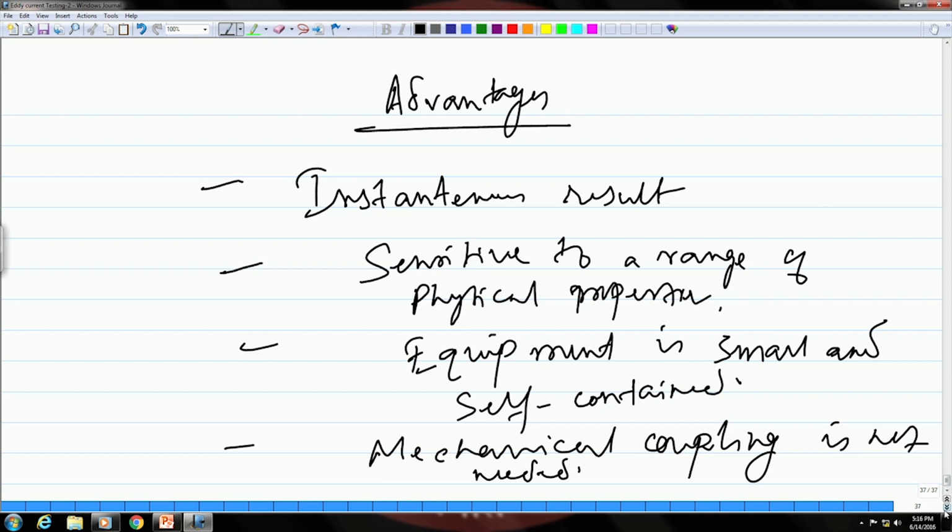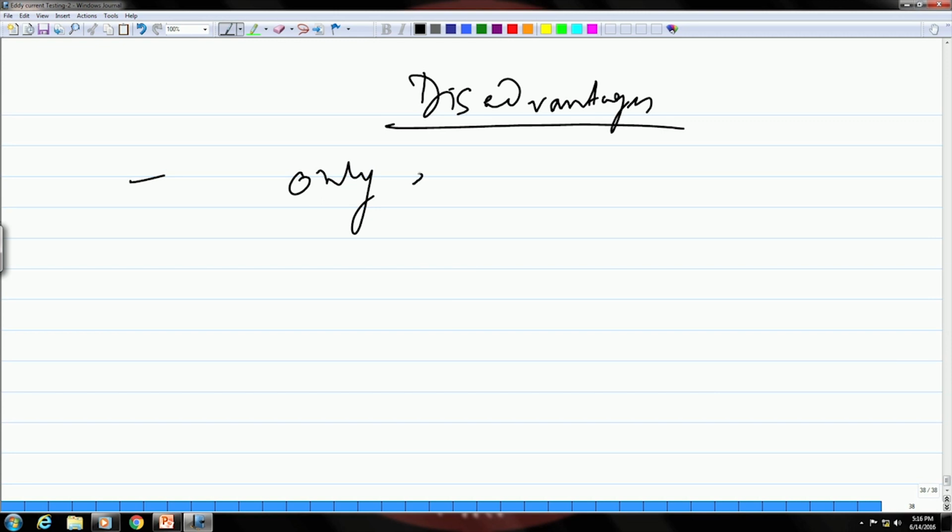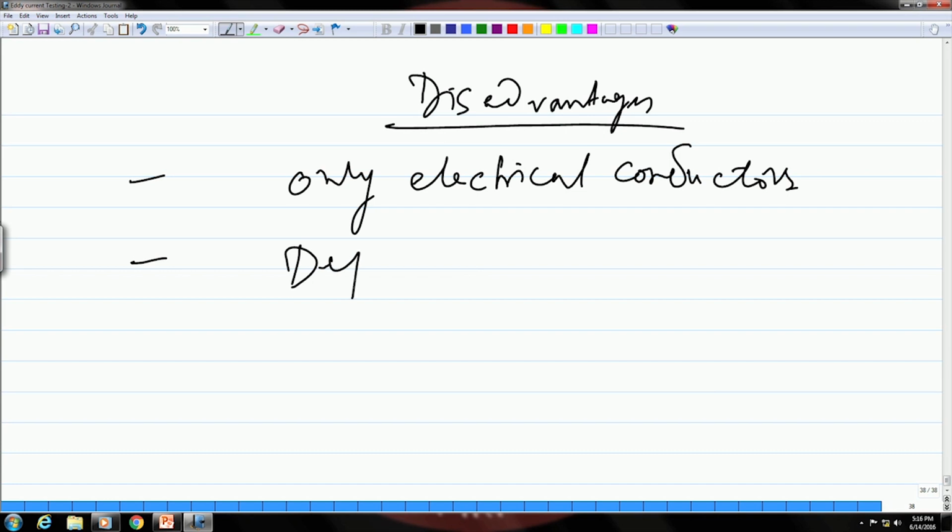Every process will have its own disadvantage also. So, for this process, let us also have a look at the disadvantages. Only electrically conductive materials can be inspected. If it is not electrically conductive, you cannot inspect that by eddy current testing. Depth of penetration is restricted.